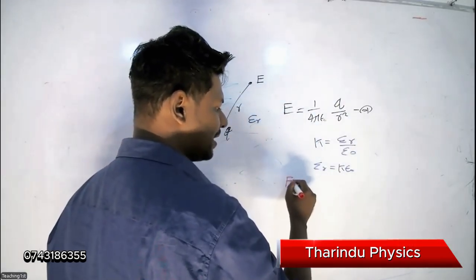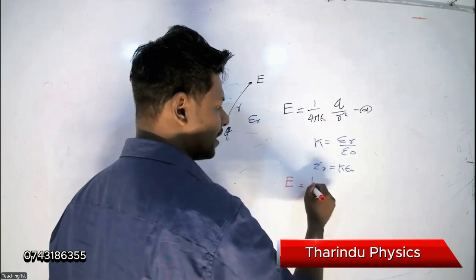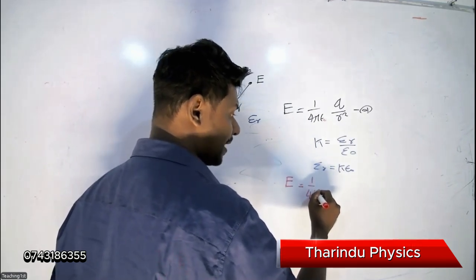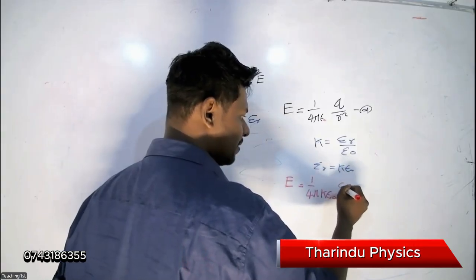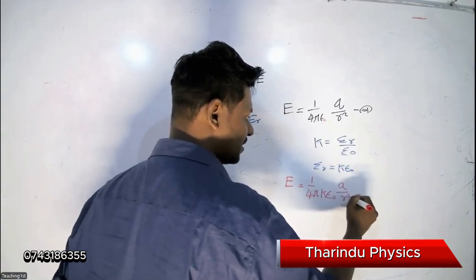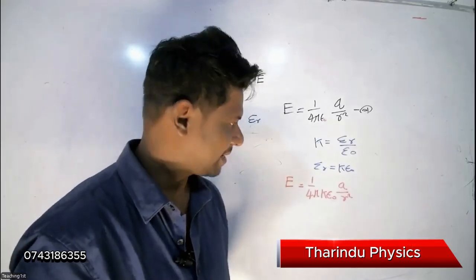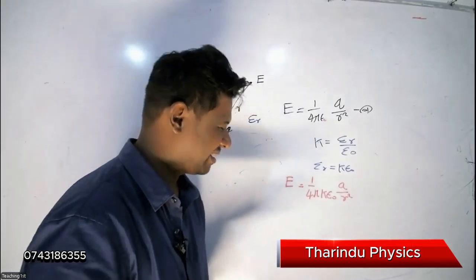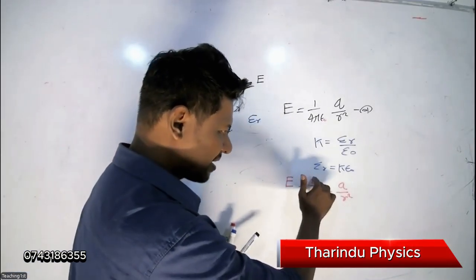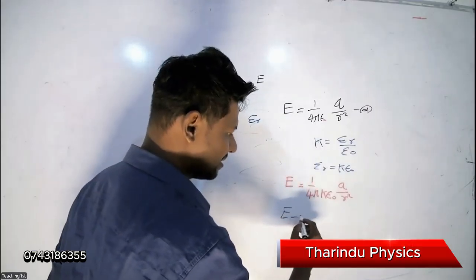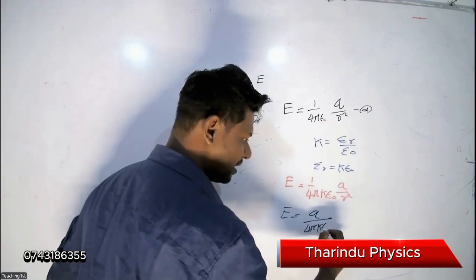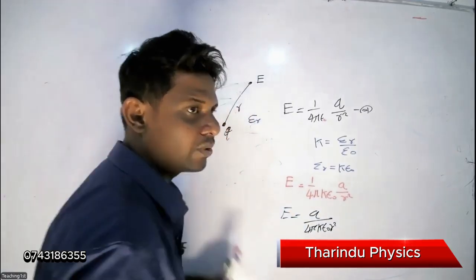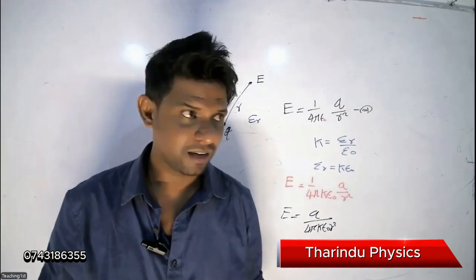So the new E is 1 over 4 pi K epsilon naught, Q over r to the power 2. Most suitably, I can write Q over 4 pi K epsilon naught r to the power 2. The answer is the second one.